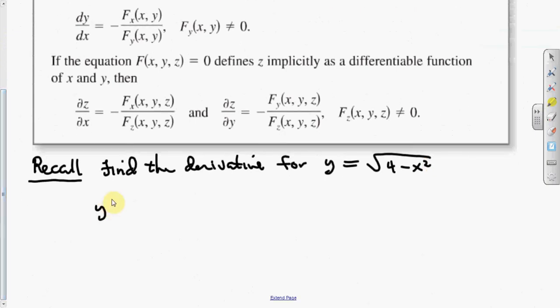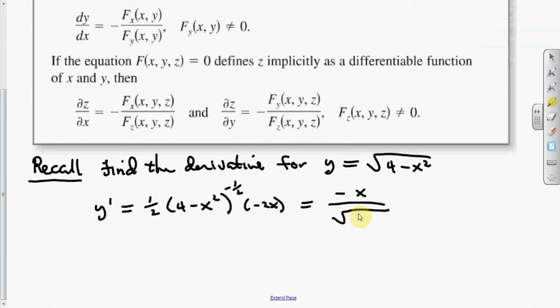So you said that y prime is equal to 1/2 times parentheses 4 minus x squared raised to the negative 1/2 power times the derivative of the inside. That just gave you minus 2x. And so you said that this was negative x over the square root of 4 minus x squared.